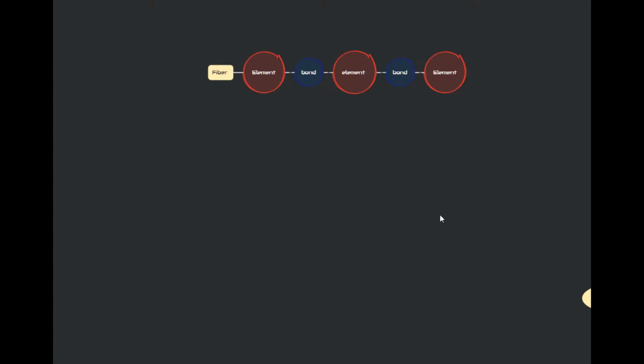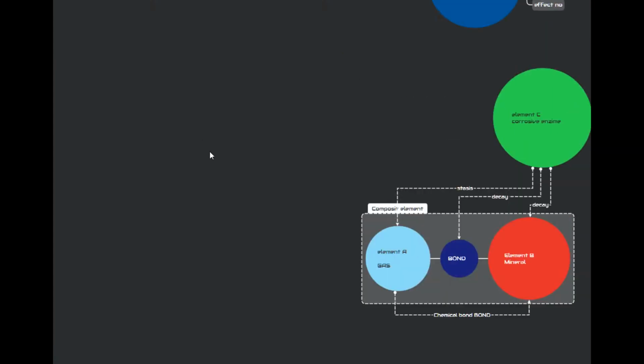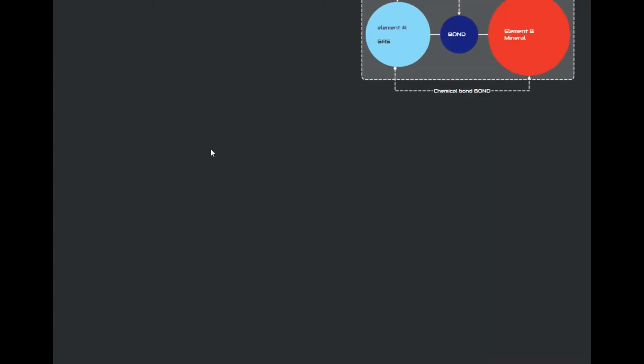Okay, so bonds are blue and red is element.